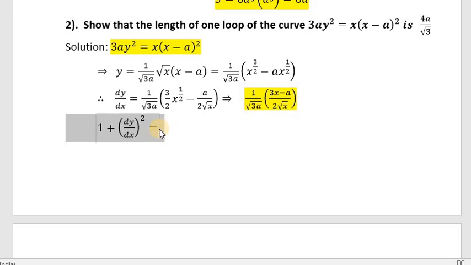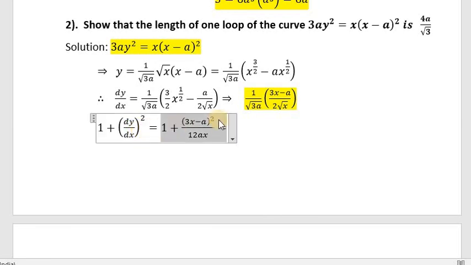Then find 1 plus dy by dx whole square, because in the formula we have the square root of 1 plus dy by dx whole square. So 1 plus dy by dx whole square is equal to 1 plus, where dy by dx is 1 by root 3a into 3x minus a by 2 root x.